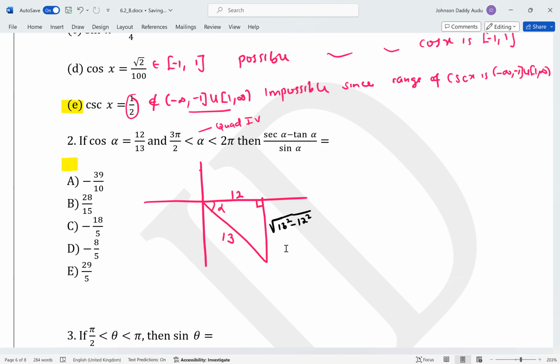And this is going to be 169 minus 144. So it's going to be 5, right? All right.